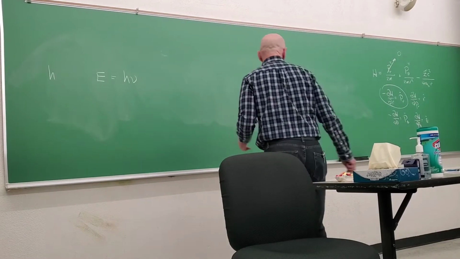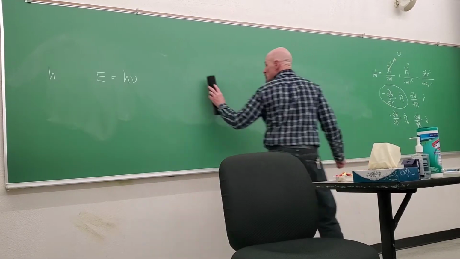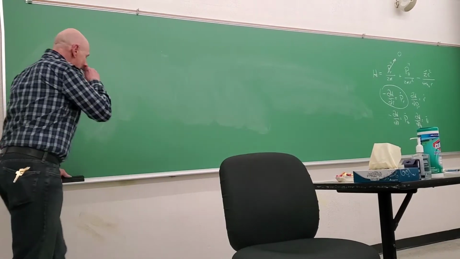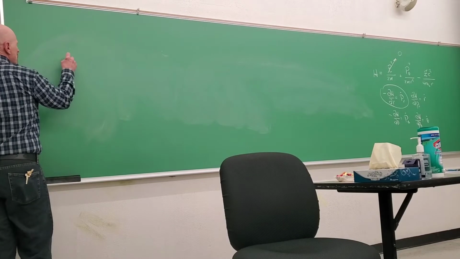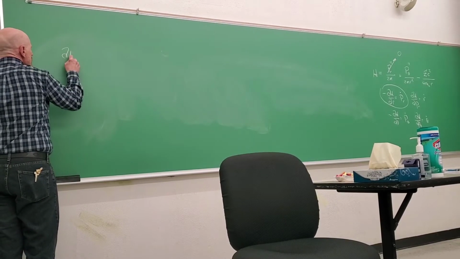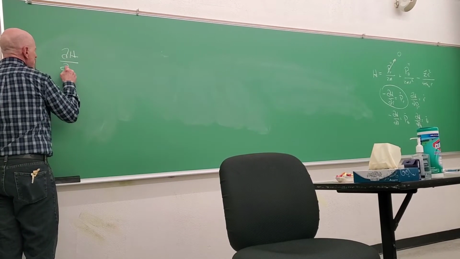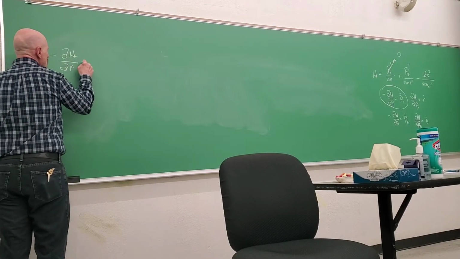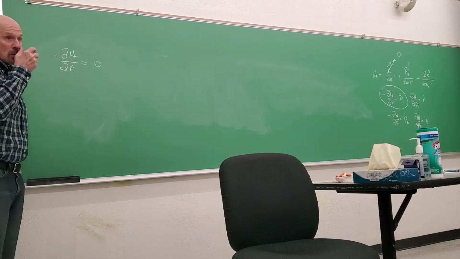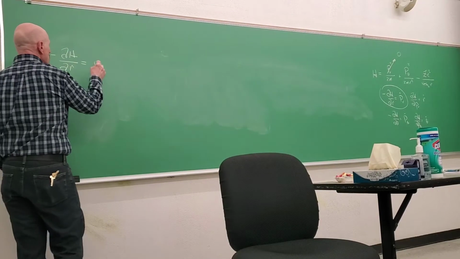So let's get this, it doesn't take long to actually do. Using Hamilton's equations of motion, I'm going to have that the partial of H with respect to r, negative, is equal to 0, because it's not going anywhere.